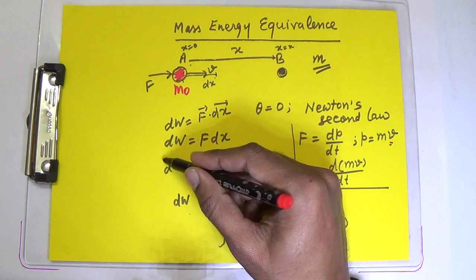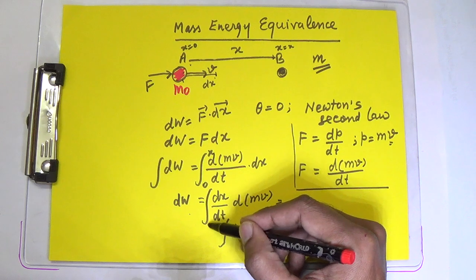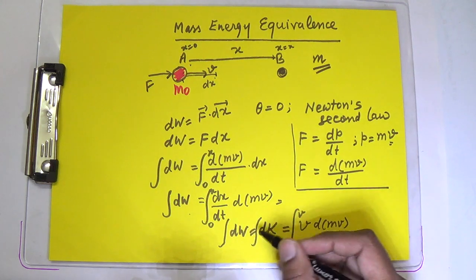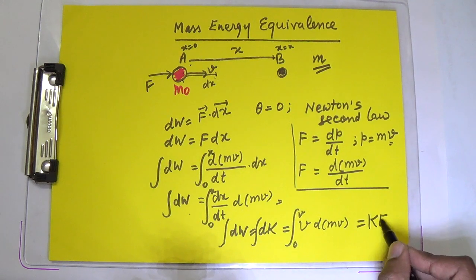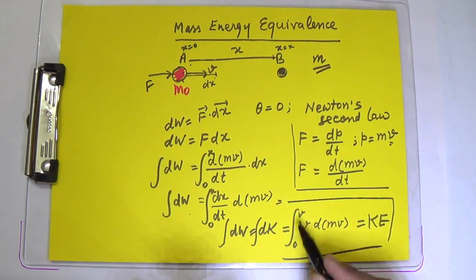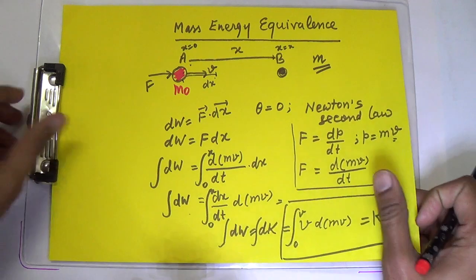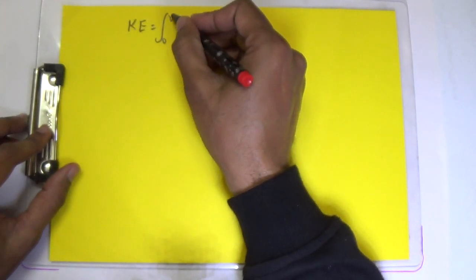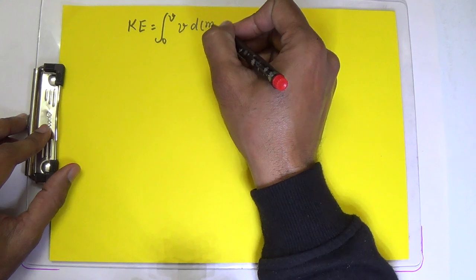The total work done appears in terms of the kinetic energy. Now we have the kinetic energy of the particle, and that formula is kinetic energy equal to the integral from 0 to v of v d(mv).